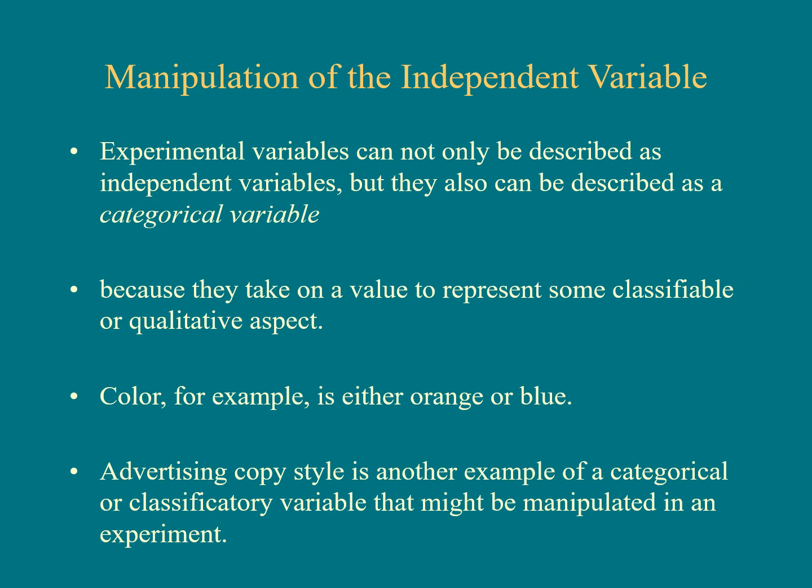Experimental variables can not only be described as independent variables, but they also can be described as a categorical variable because they take on a value to represent some classifiable or qualitative aspect. Color, for example, is either orange or blue. Advertising copy style is another example of a categorical or classificatory variable that might be manipulated in an experiment.